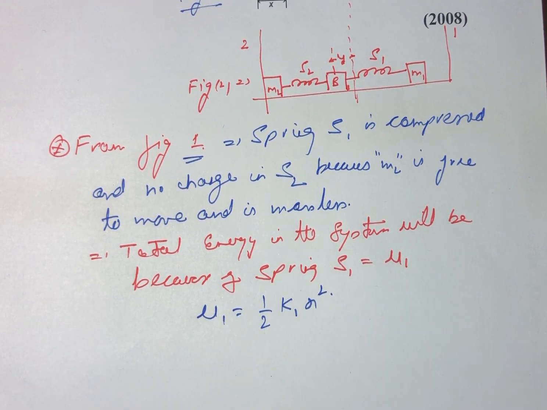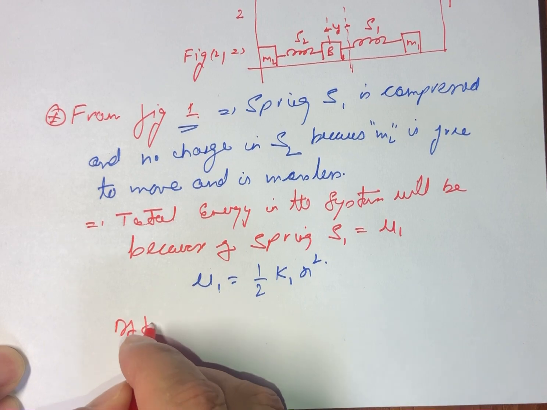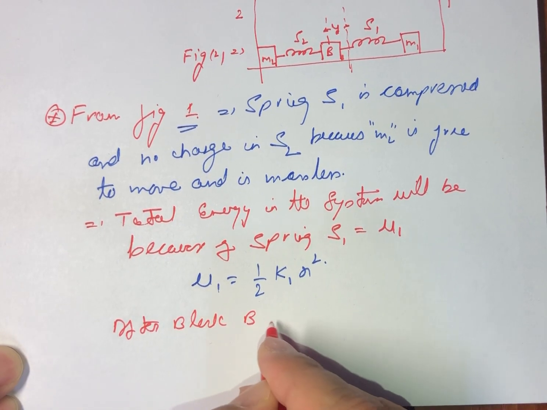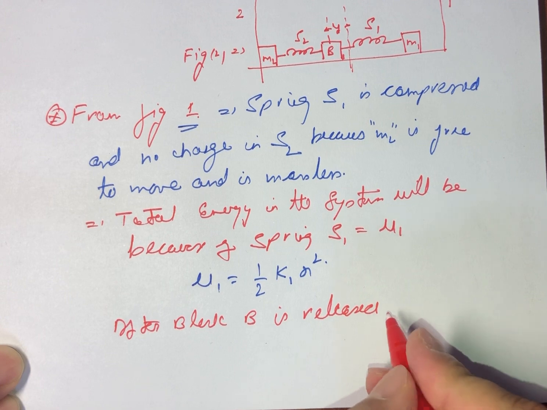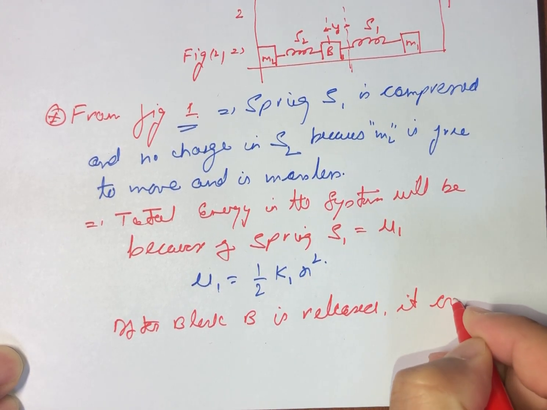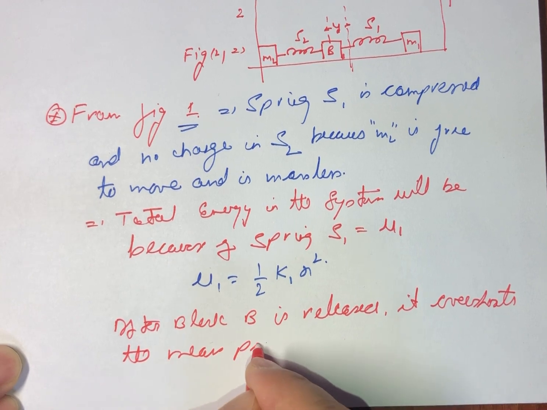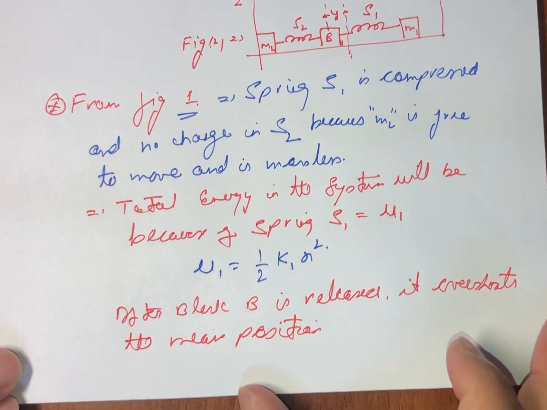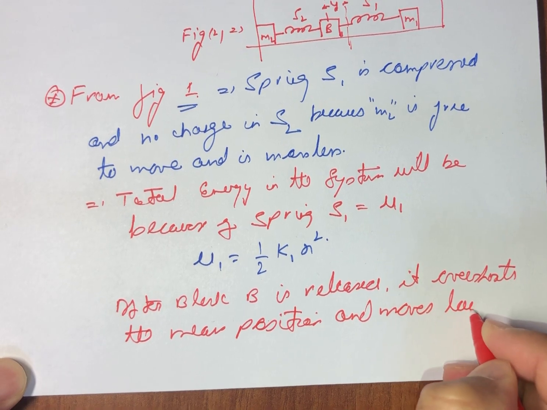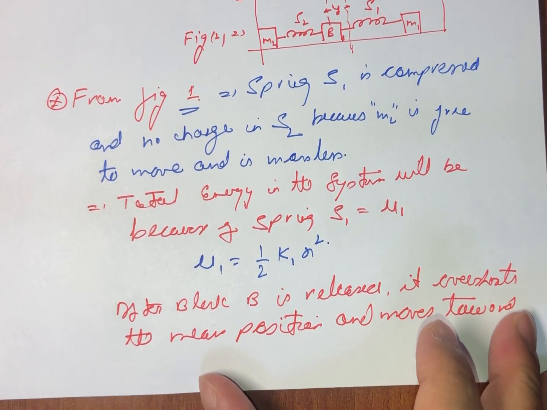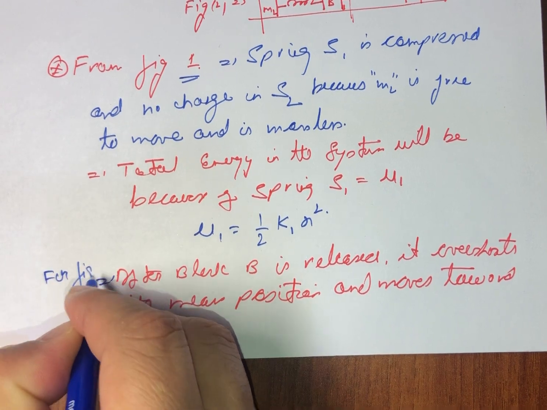Now as the block B is released, it overshoots the mean position and moves towards wall 2, and this is for figure 2.